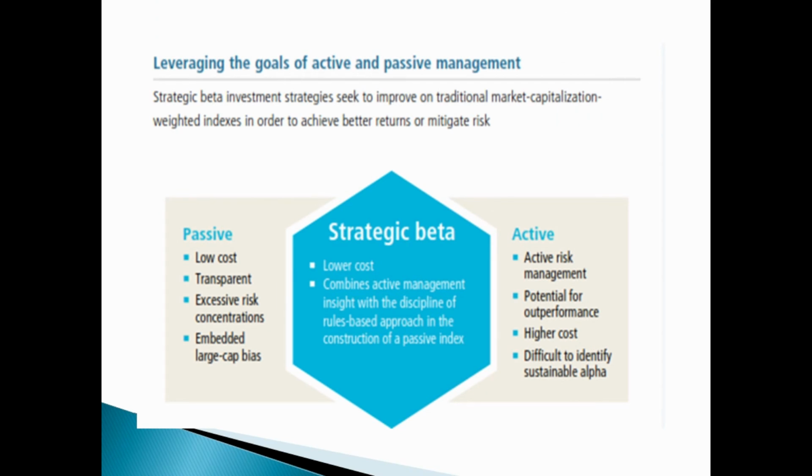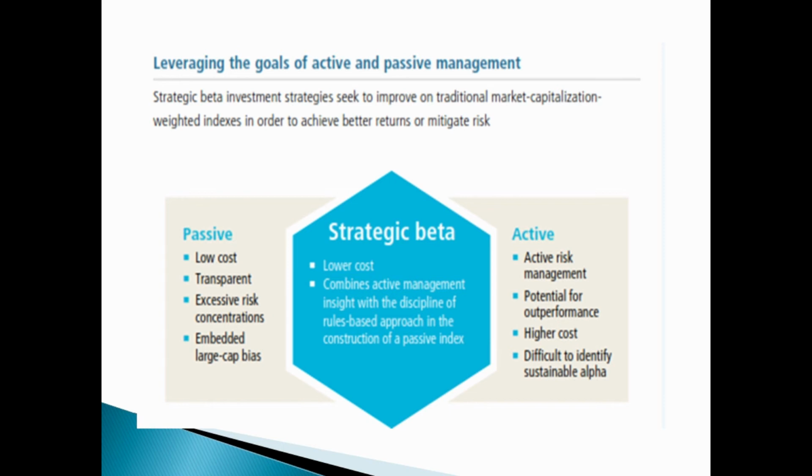So again, just another look at where we position smart beta. Passive is low cost, cheap, very transparent. It does have sometimes excessive risk concentrations, as we saw in the concentration of the S&P. It has an embedded bias towards large companies or large cap because of its market cap weighting.